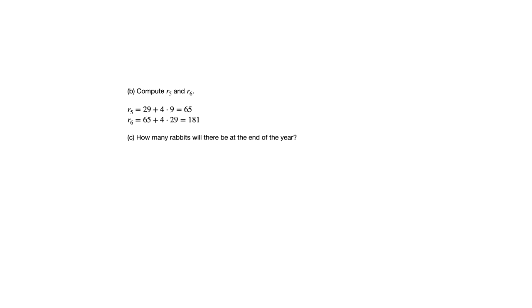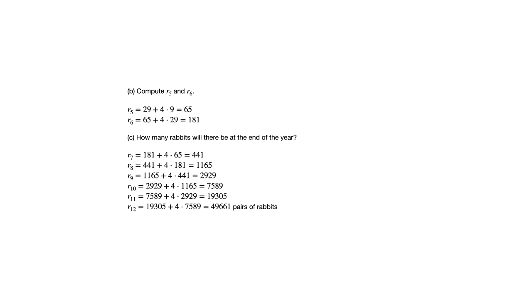How many rabbits will there be at the end of the year? Now, we don't have an explicit formula, so we can't just say, well, let me plug in 12. But we don't have that far to go to get r sub 12. And if you use something like Excel or maybe a little program, you can generate this pretty quickly.